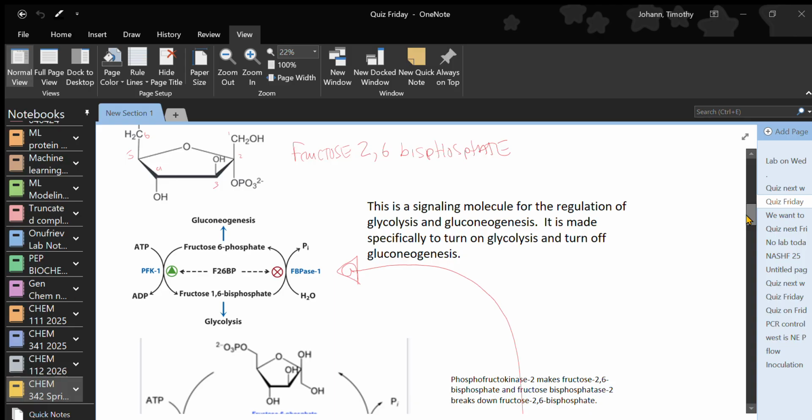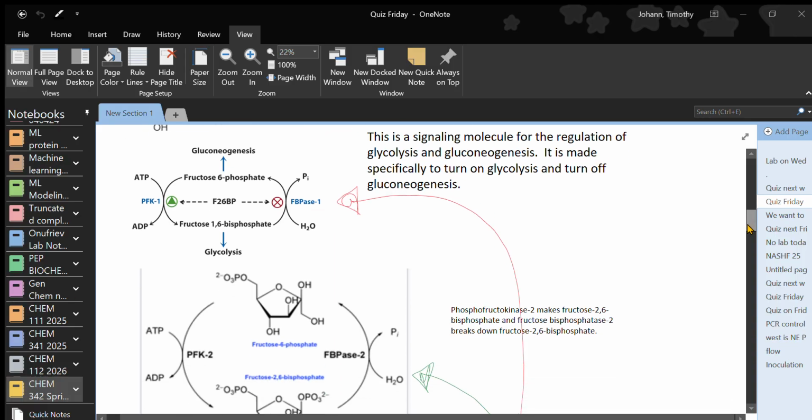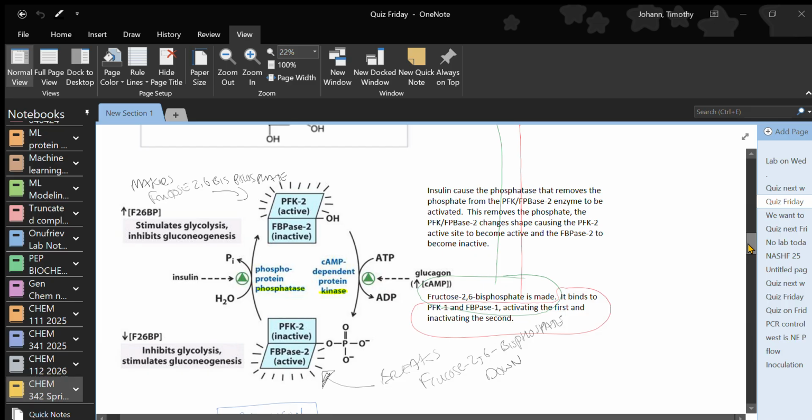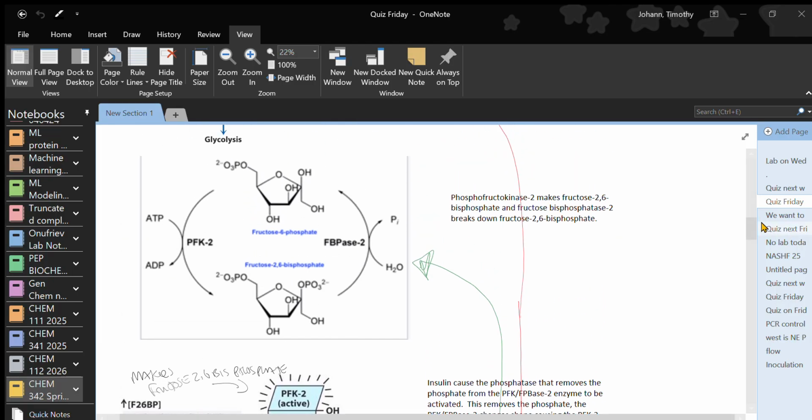If glucagon binds to the outside of the cell, go down to the bottom of that process, we phosphorylate this enzyme complex. It's going to break down fructose 2,6-bisphosphate. This guy's active, we're breaking it down.